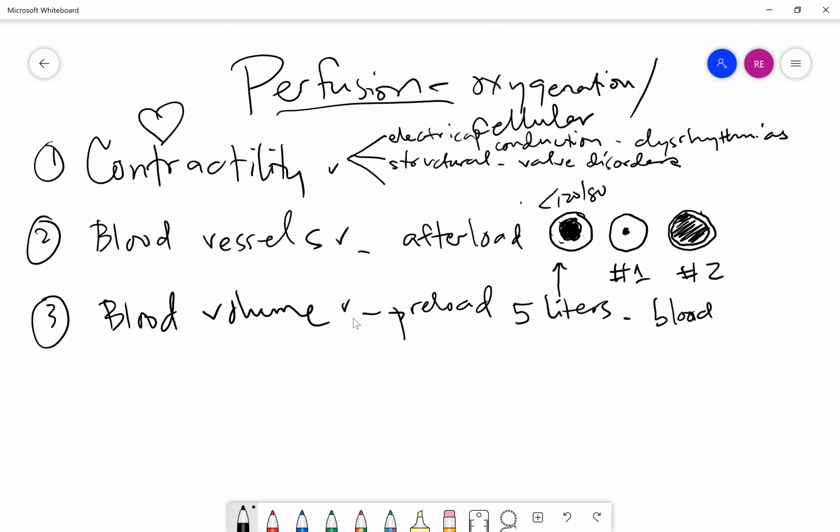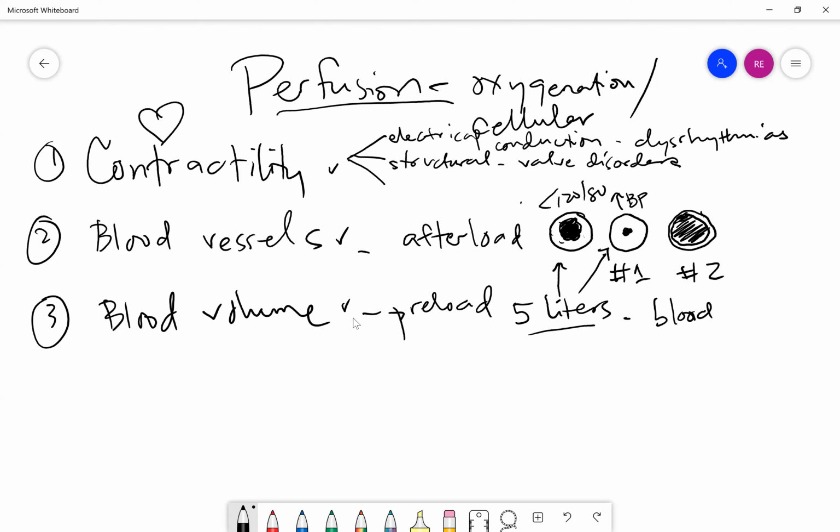And then when you constrict it, you still run the same 5 liters through this blood vessel wall, this diameter of the blood vessel. What happens to your blood pressure? Increases. Because now there is higher resistance, so it will increase blood pressure.